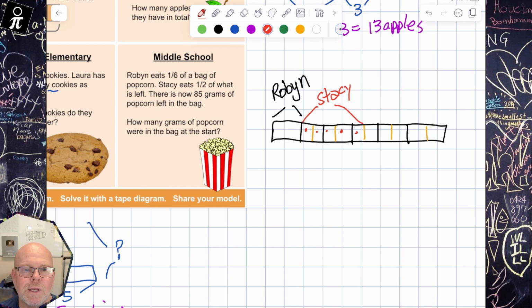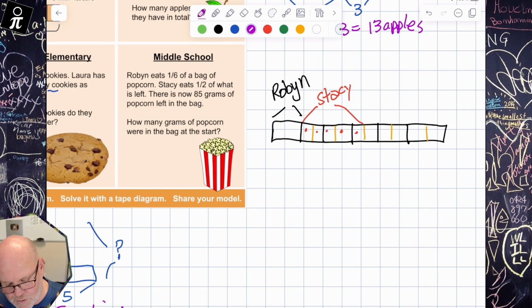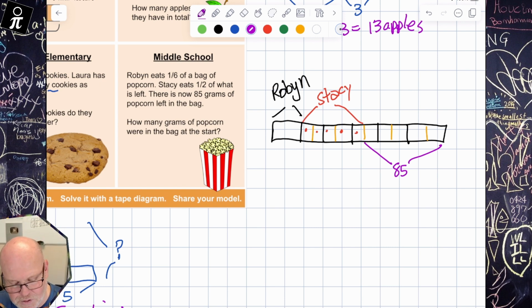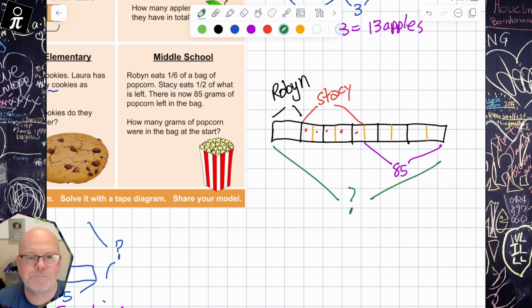And then it says we now have 85 grams of popcorn left over. So that means this right here is 85 grams. It says how many grams of popcorn were in the bag at the start. So that means our answer lives right here.